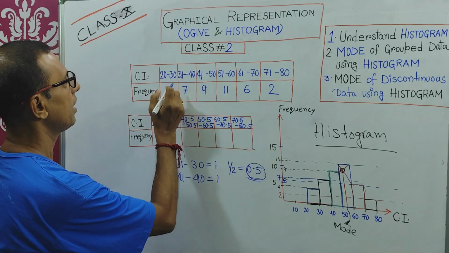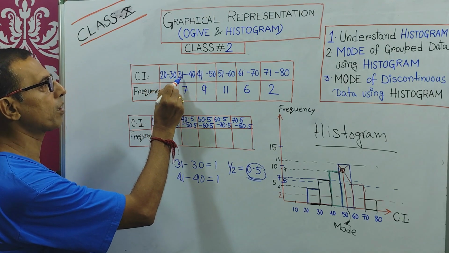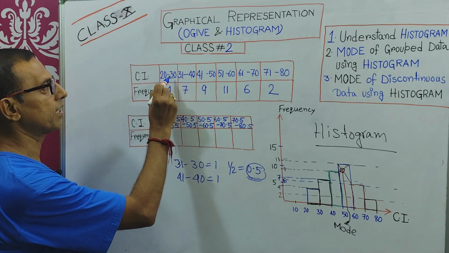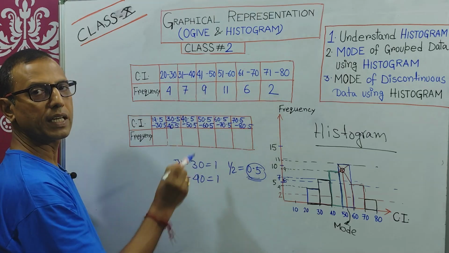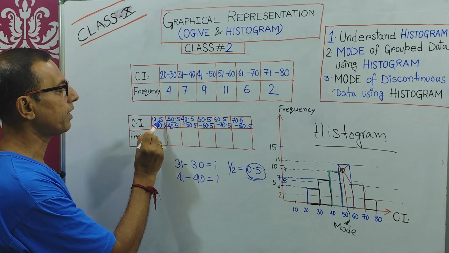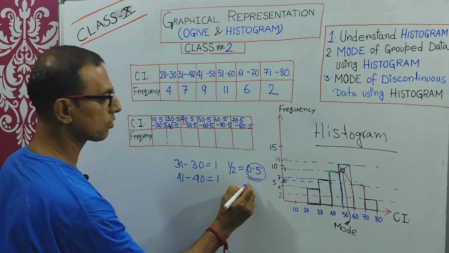So everywhere the class interval was 10, but the upper bound and lower bound between two class intervals were not the same. The class interval everywhere is still 10. After deducting 0.5, that is the adjustment factor.